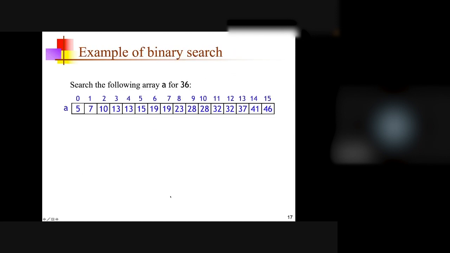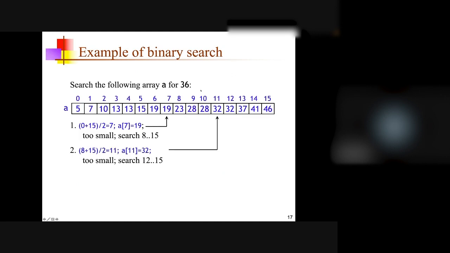This is an example: search the following array A for 36. You cut the list in half, and you continuously cut it in half. You went rightward because we know 36 is greater than 19, right?